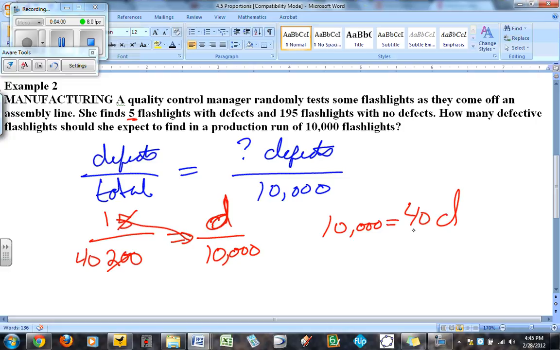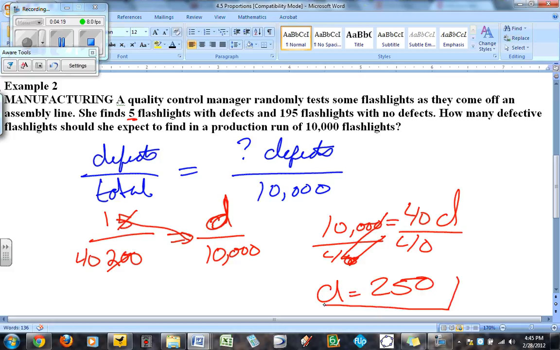To solve for d, the amount of defects, we divide by 40. When we divide by 40, we can cross a 0 out. How many times does 4 go into 1,000? It should be 250 times. So d equals 250. She should expect to find 250 flashlights with defects.